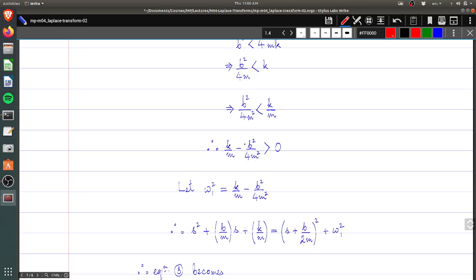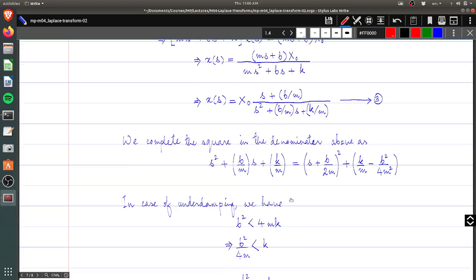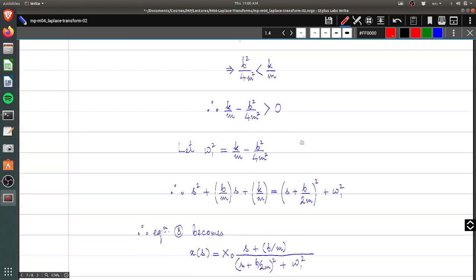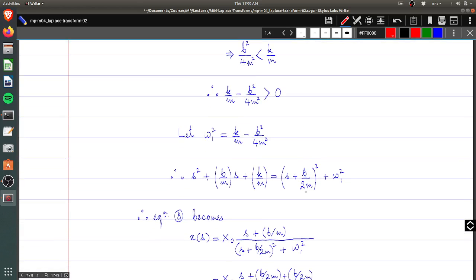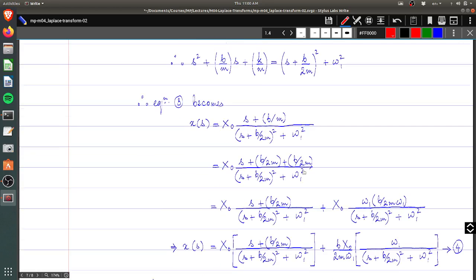So together this quantity will have dimensions of the square of angular frequency. I'll call it omega 1 square. So the denominator in equation number 3 can be simply written as s plus b by twice m whole square plus omega 1 square. Then equation number 3 simply becomes like this.